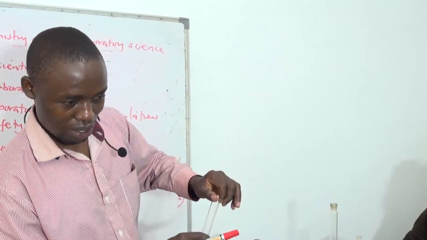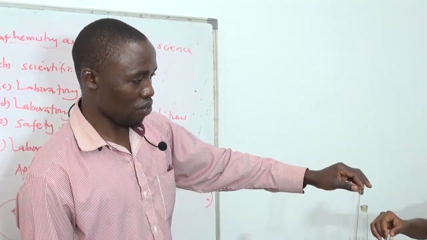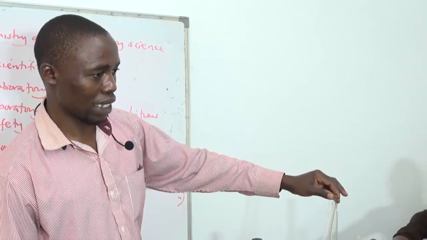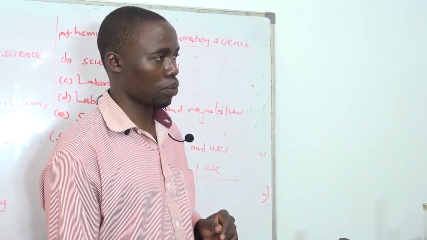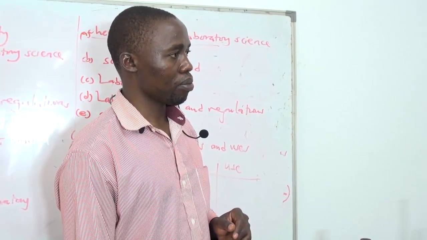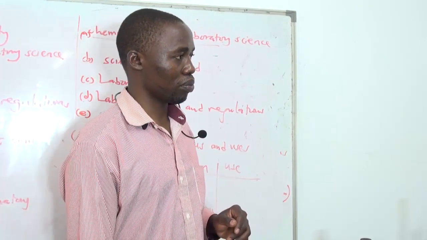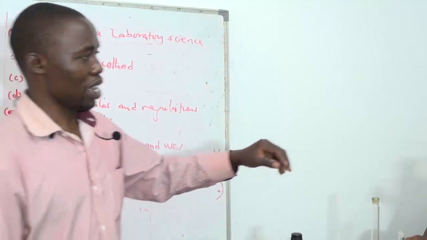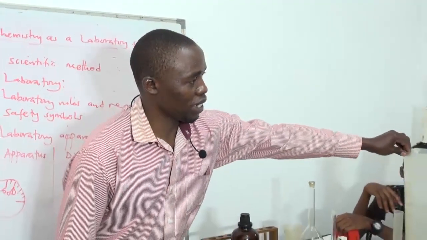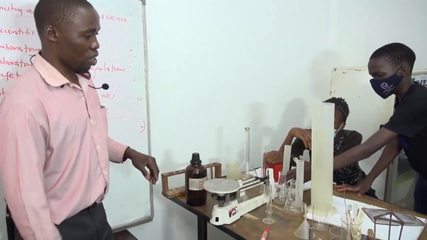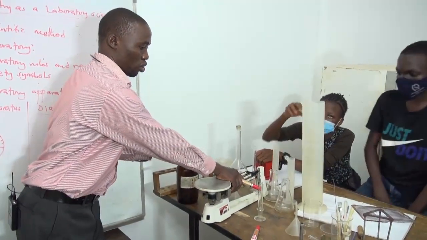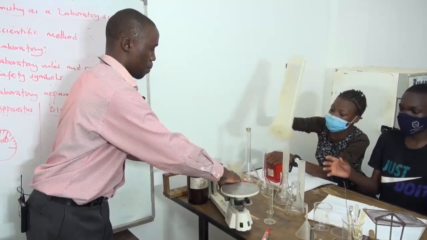We have so many, of various sizes. Okay, now this one is also called a measuring cylinder, not so? Now let us put all those volume apparatus together.